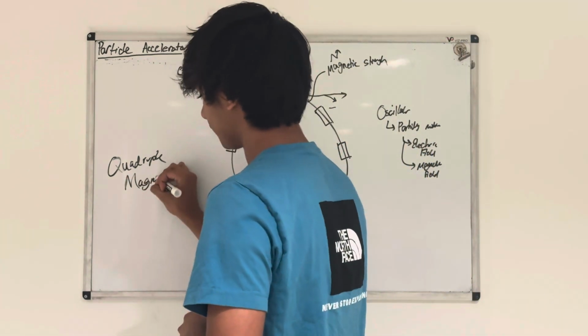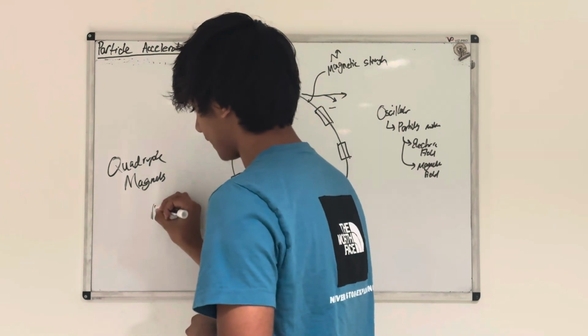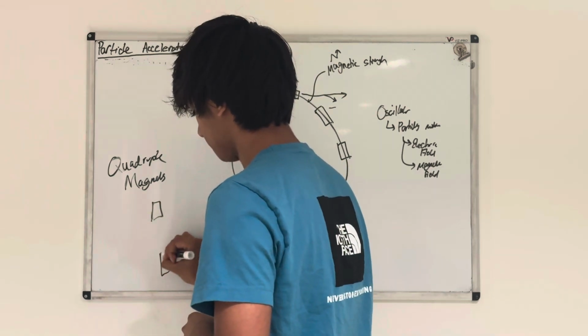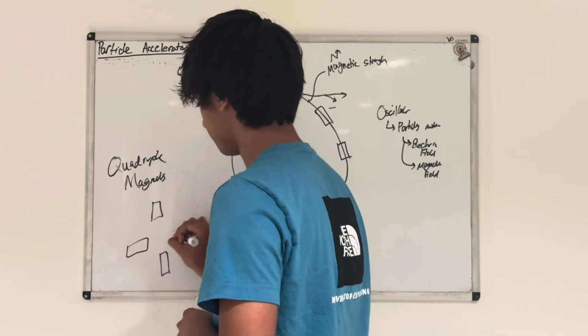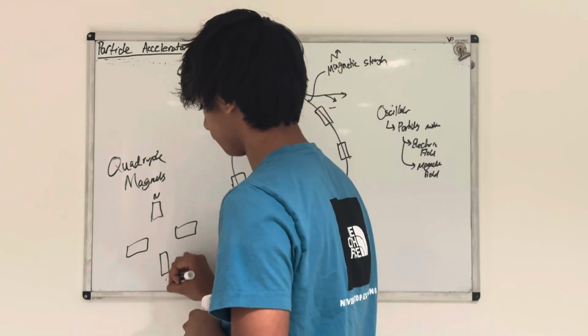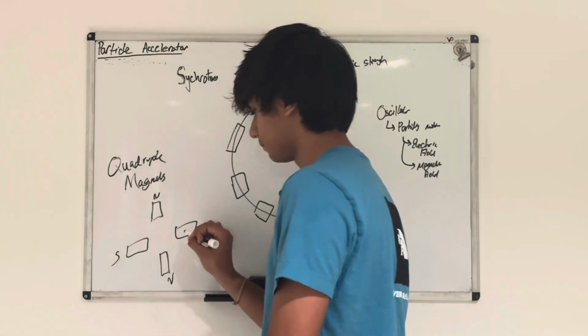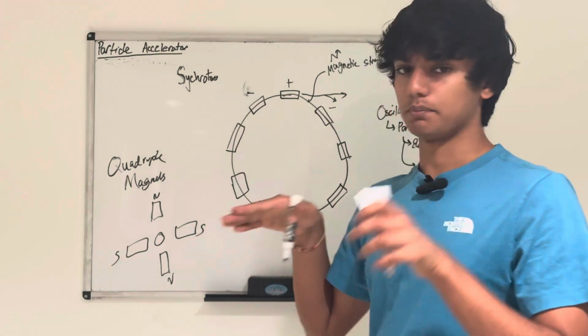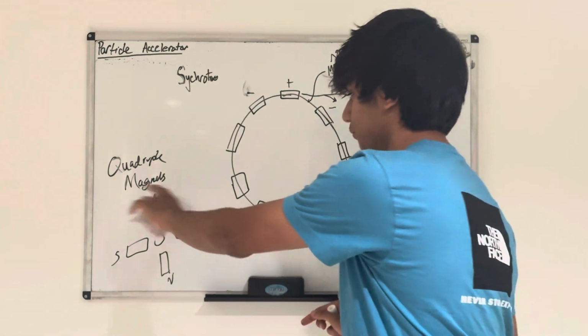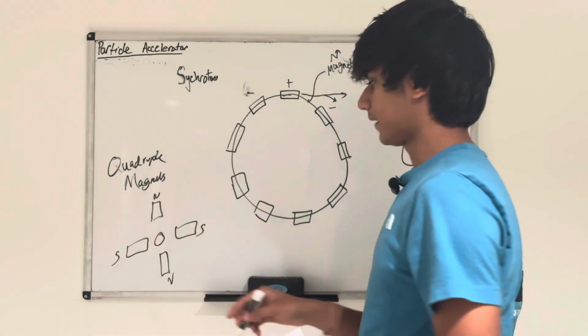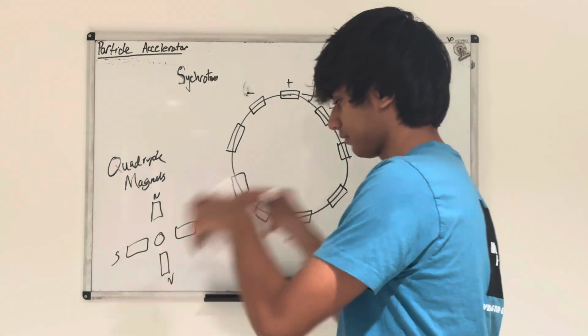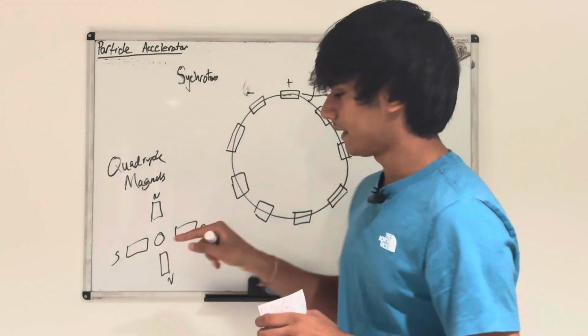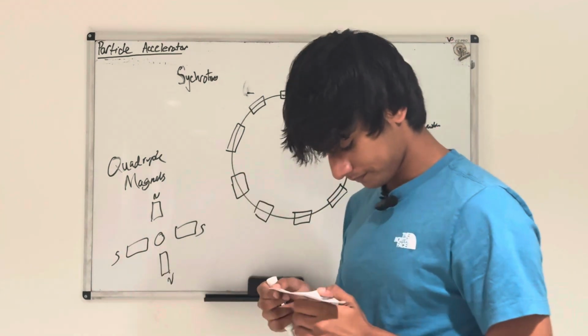How a quadrupole magnet works is you take four magnets, arranged north, north, south, south, and you put the beam through that, so the beam goes here. What happens is that beam is going to be more focused and more directed, because you apply these magnets in this format, because there's a field around it that produces a more concentrated and more focused beam in that direction.